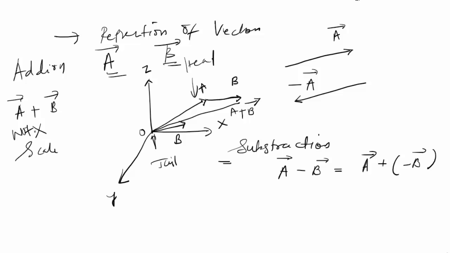If you are having your A vector, to simply demonstrate that, you can have the opposite of that same vector here. So the opposite of the B vector would be something like this.